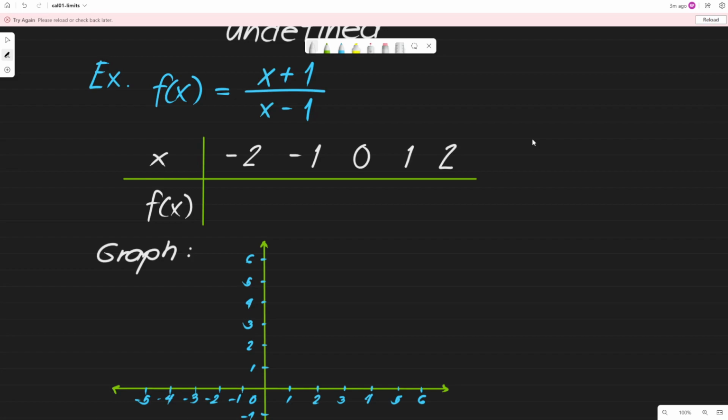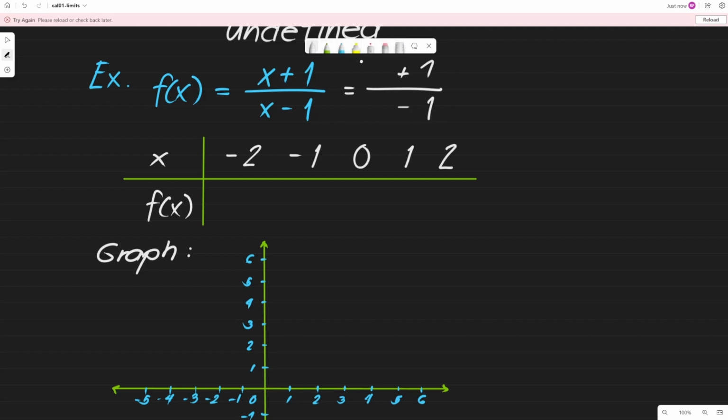So we have here a set of few sample values of x that we are going to plug into our function. Let me just write this. So here we will put it. First we have negative 2.